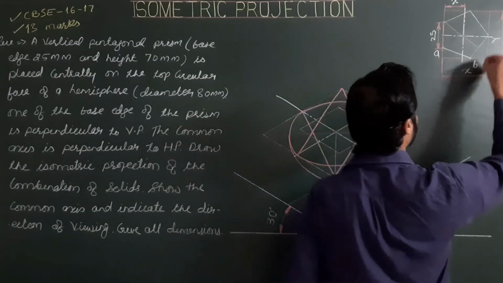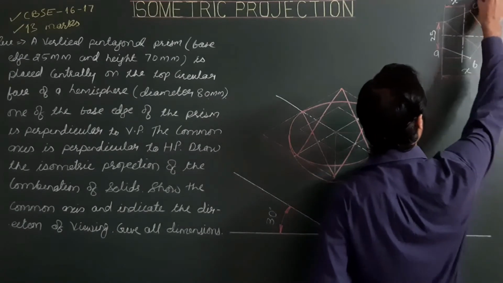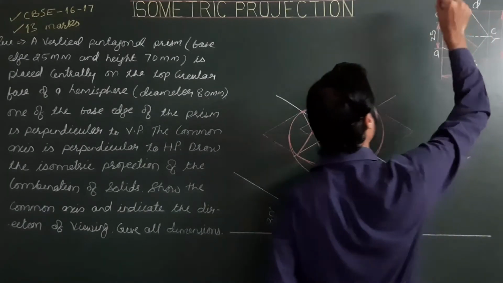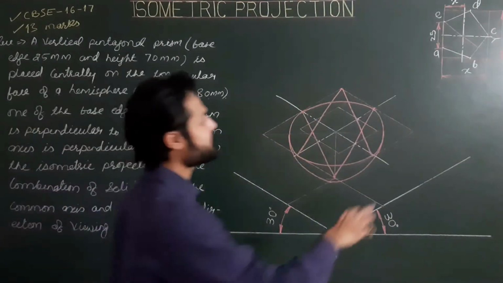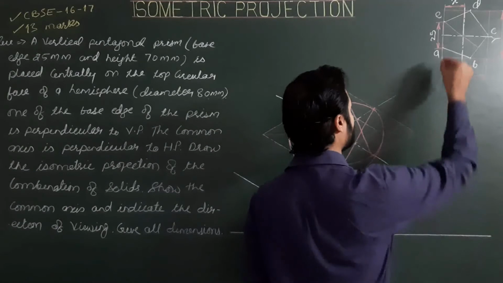Now the corners are say A, B, C, D and E. We have to mark all 5 corners of the pentagon starting from the first corner. This is my first corner.